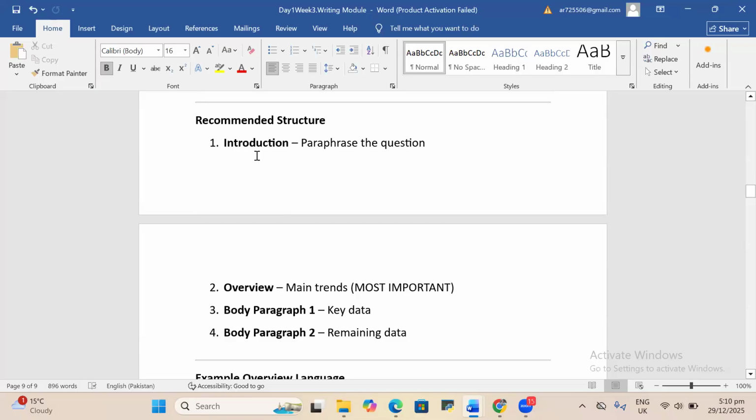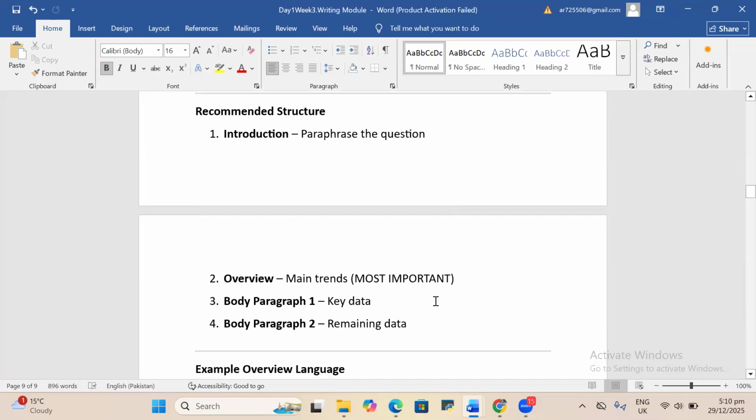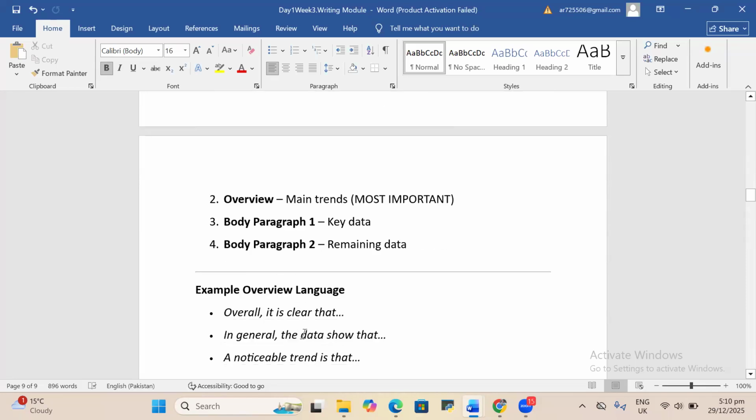In the introduction, you just paraphrase the question. In the overview, you write the main trend and important points rather than everything. In body paragraph 1 you write some important key data, and in body paragraph 2 you write the remaining data.